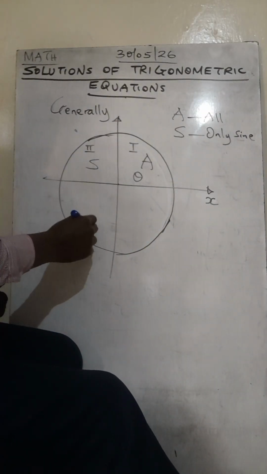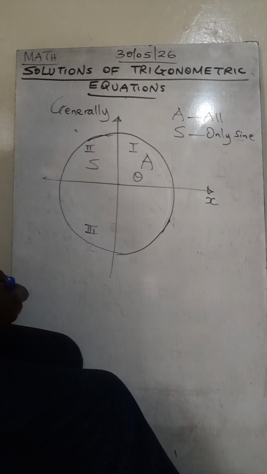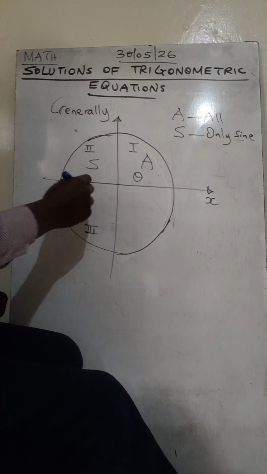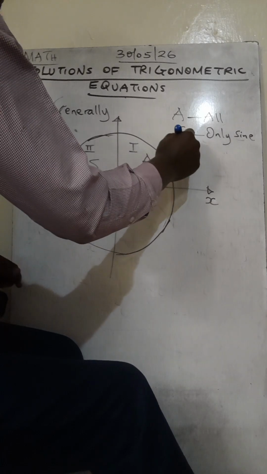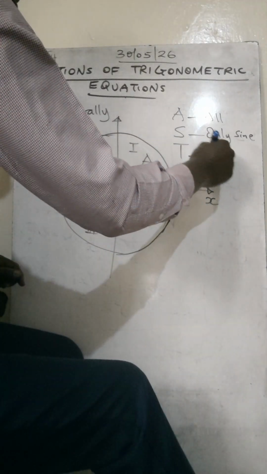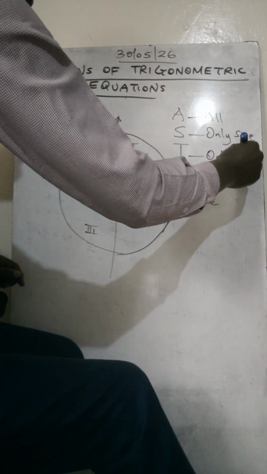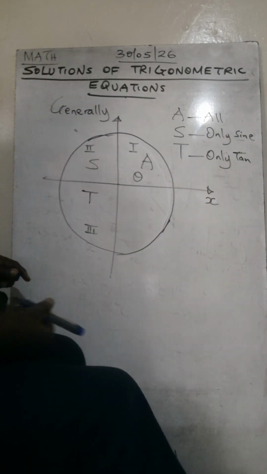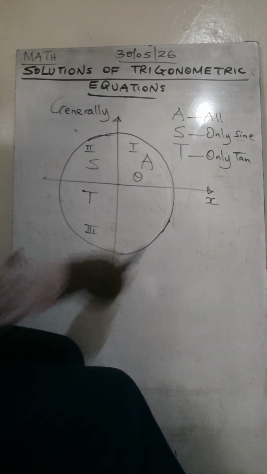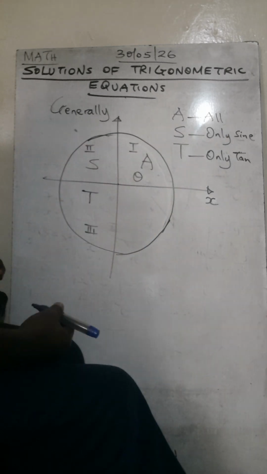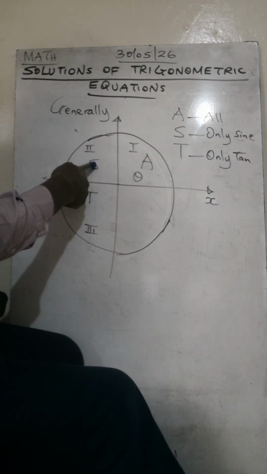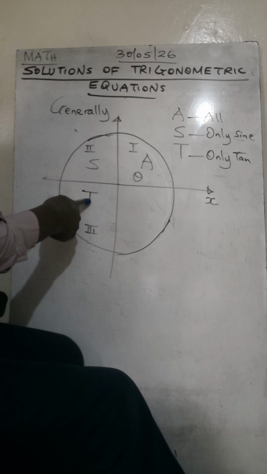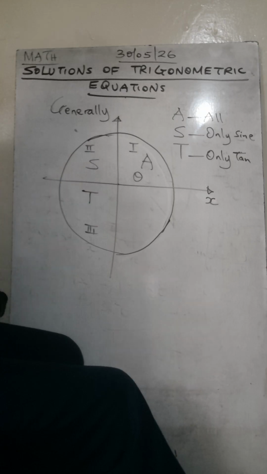In the third quadrant, we have established that only tangent is positive. T, only tangent. Only tangent is positive. I'm using the word only to be specific. There is nothing else that is positive apart from sine. There's nothing else that is positive apart from tangent.